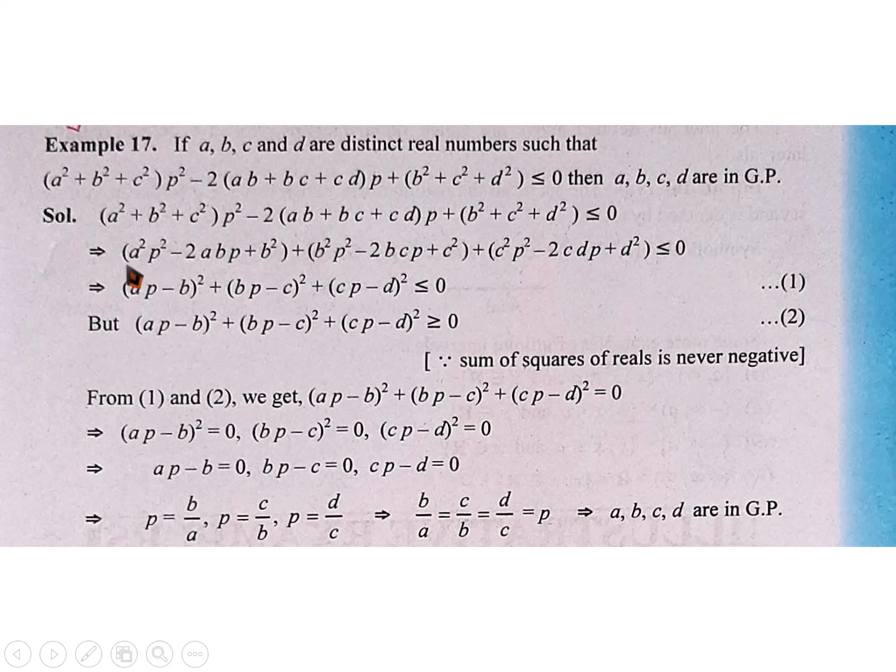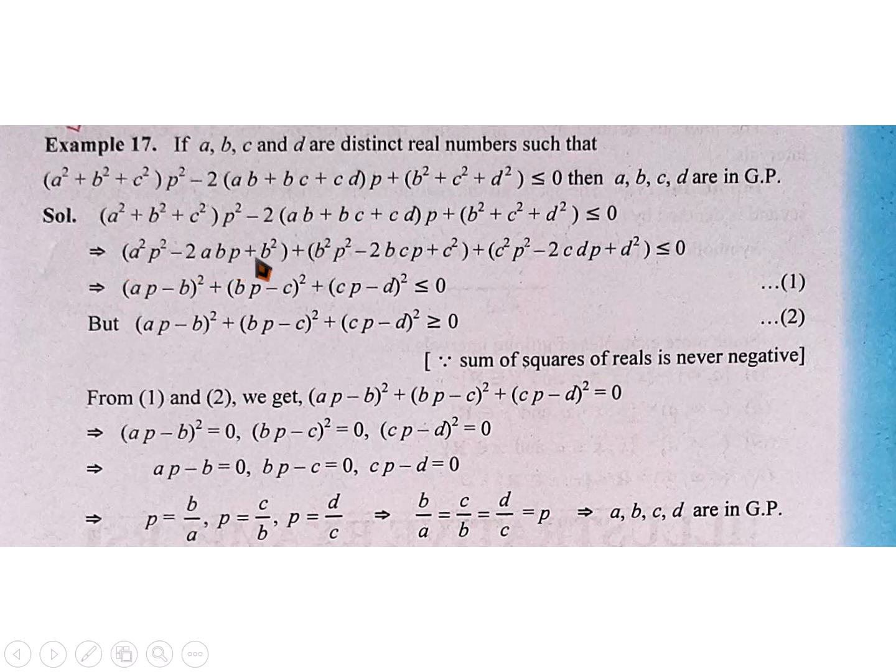Here we get the first bracket. Now here is the second bracket in a similar way, and here is a third one. Here is b square p square minus 2bc into p plus c square, and the third one is c square p square minus 2cd into p, and then plus d square.